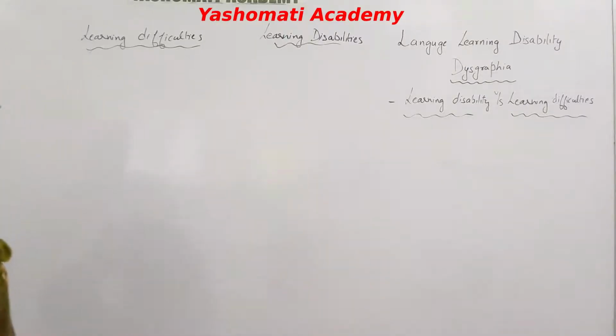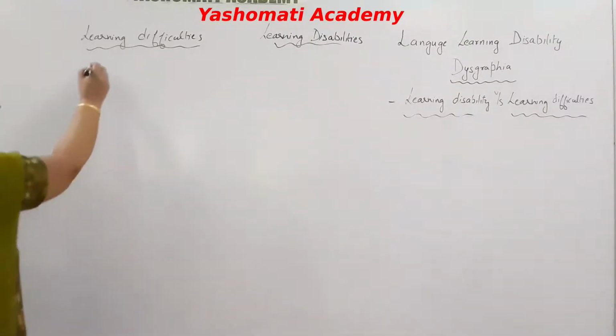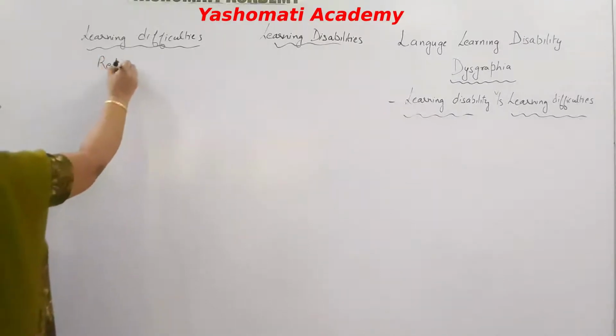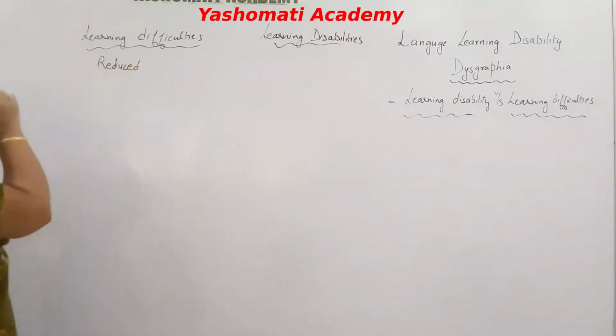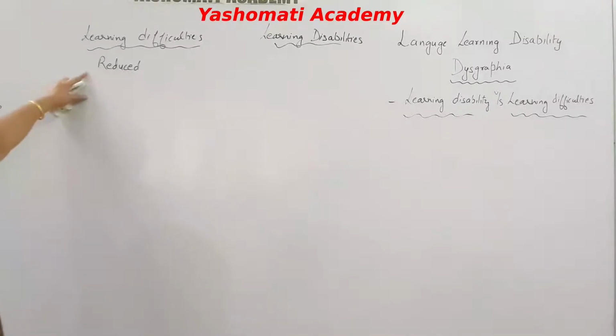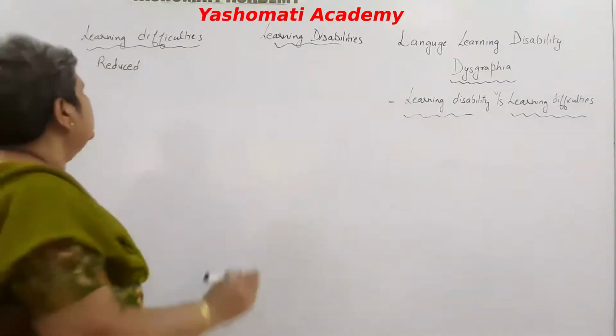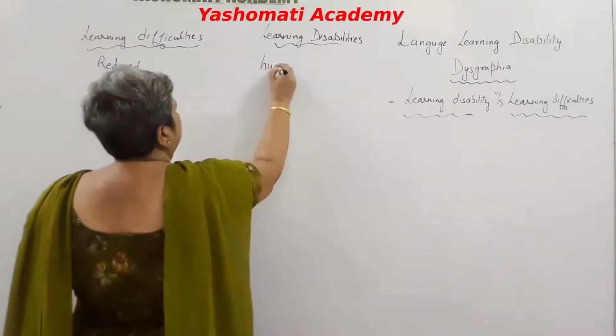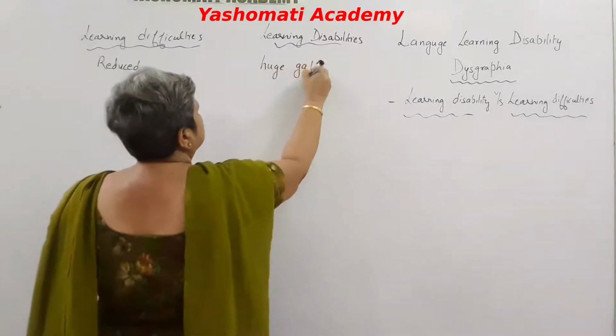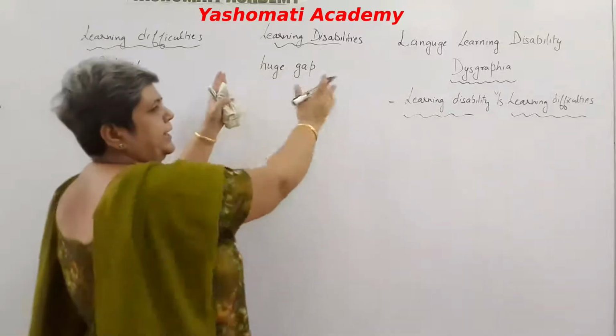In case of learning difficulties, you can call this reduced potential, lesser than average learner. Whereas in case of learning disability, you will see that there is a huge gap. That means the gap is more here.